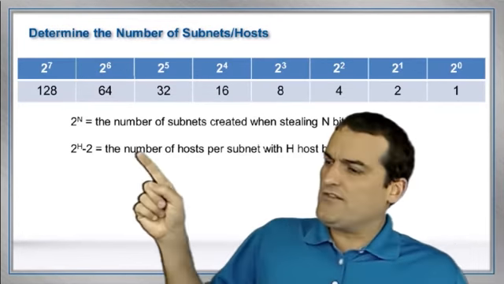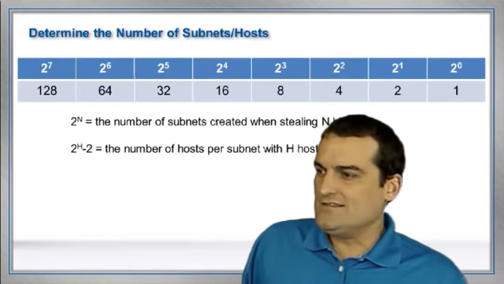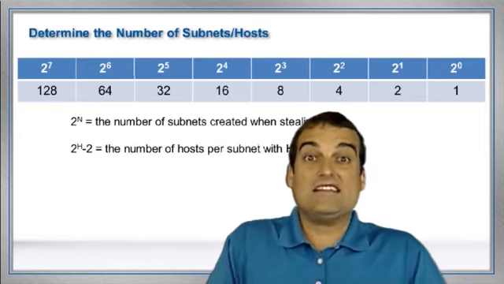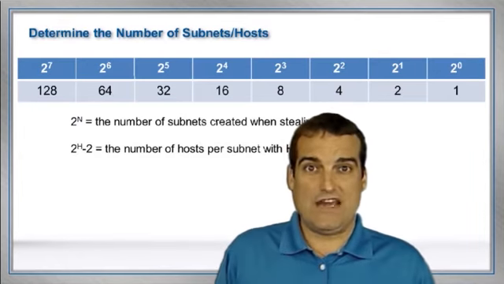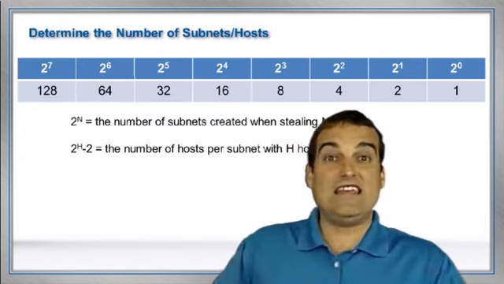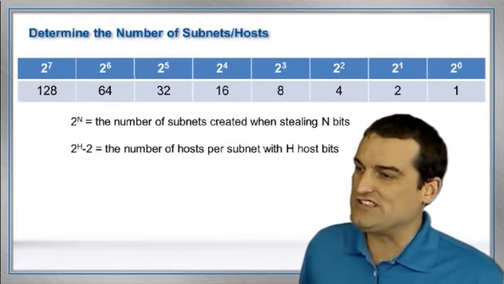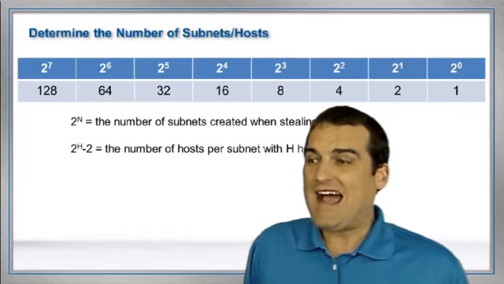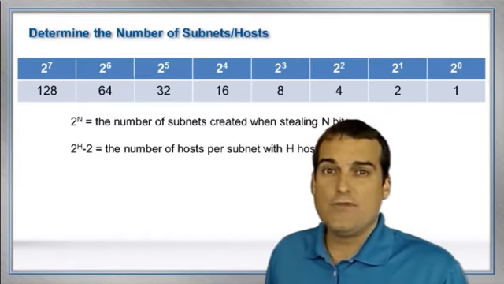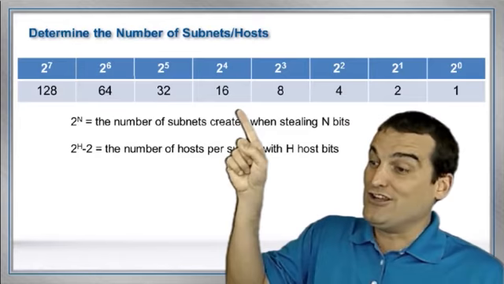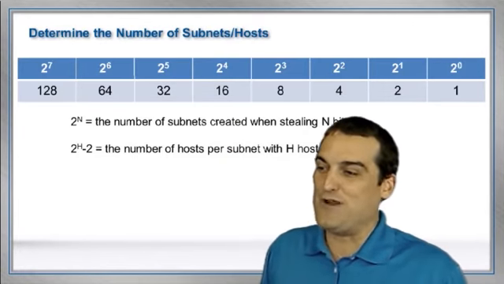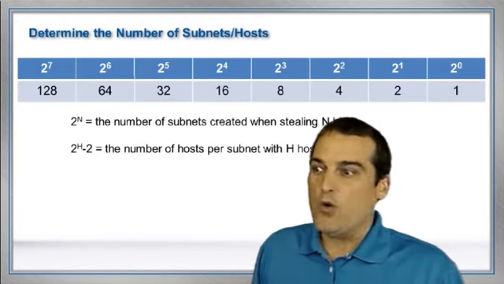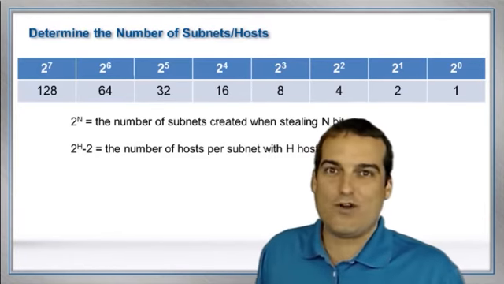The number of bits you steal, n in our little formula here, dictates how many subnets you can create. And it's 2 raised to the n. So if we steal 4 bits, how many networks can we create? 2 raised to the 4. And look, the answer is in our chart that we wrote on our scratch paper. It's 16. We can create 16 networks.